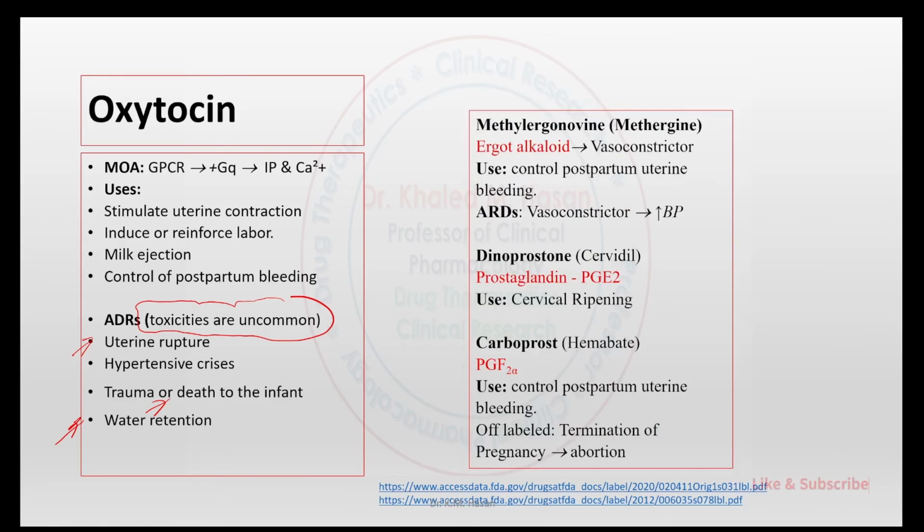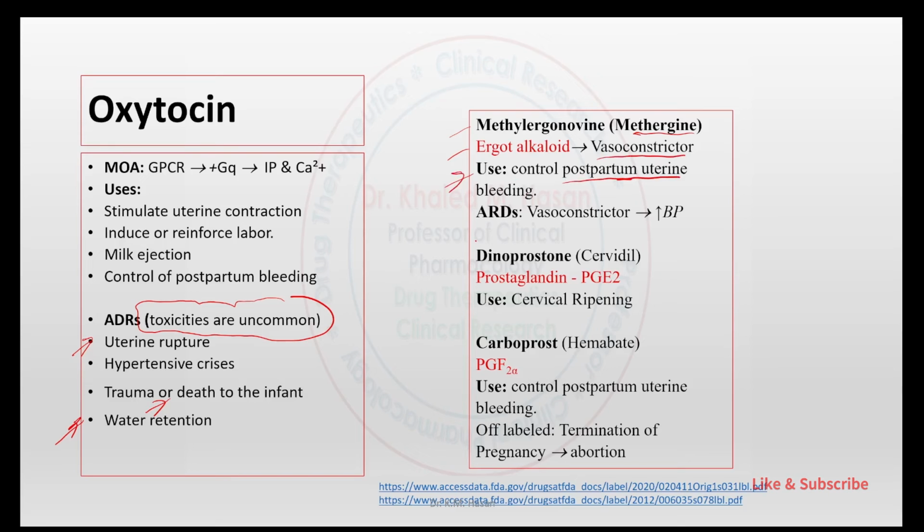Okay, do you have any additional agents for delivery and pregnancy? The first medication here is methylergonovine, or Methergine. This medication belongs to the ergot alkaloids and causes vasoconstriction, and it is used to control postpartum uterine bleeding.